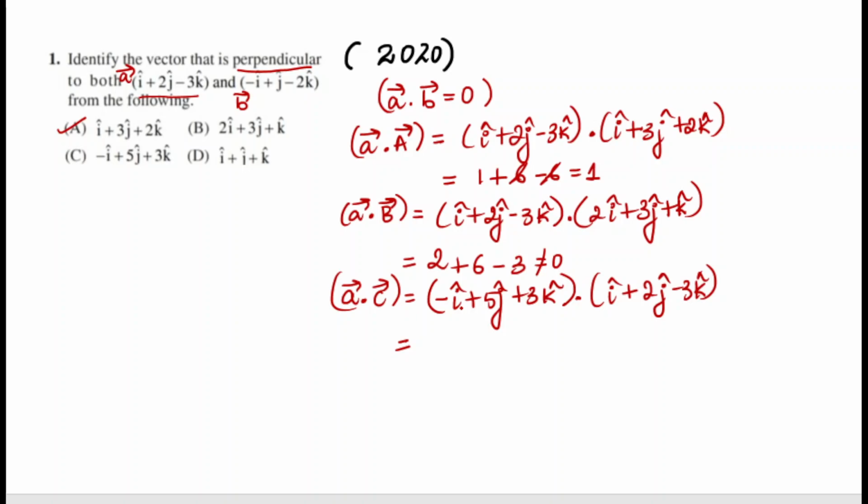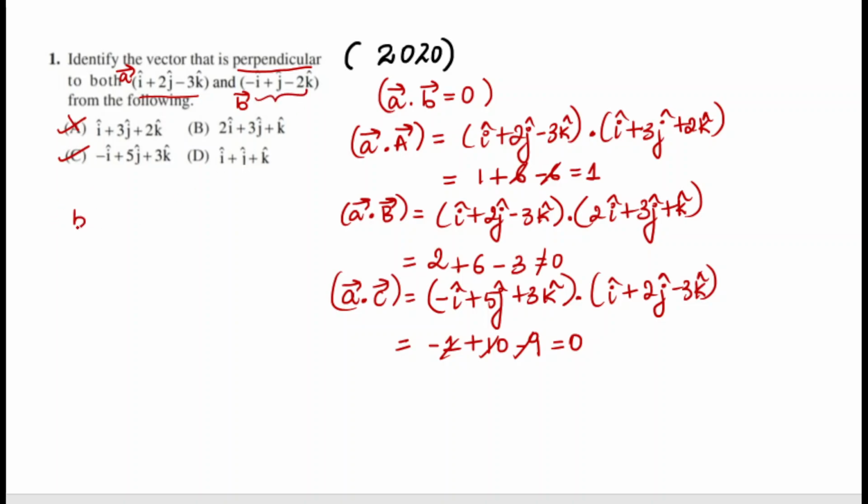So it will be minus i cap, minus 1, plus 5 2s are 10, minus 3 3s are 9. So we are getting it to be 0. So I can say option C is the right option. We will cross check for this b vector also.